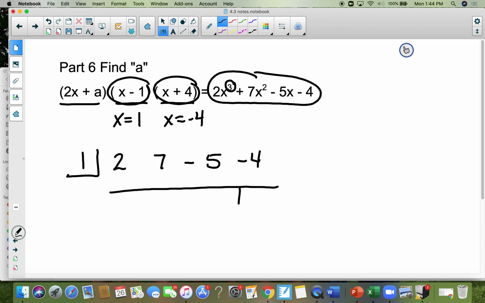And I know I'm going to get 0 here, but they're already telling me that 1 is one of the solutions. And I already know that -4 is the second solution.